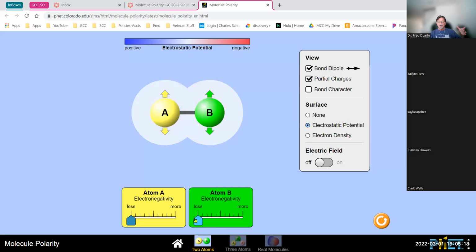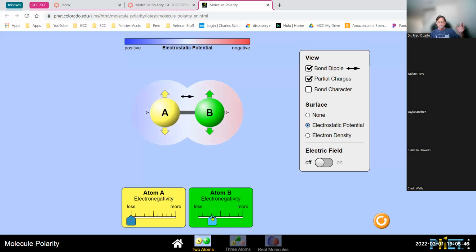We're also starting to create the dipole arrow, where the arrow points to the electronegative, partial negative charge, which is the red side, and the tail points to the partial positive, which is the blue side.